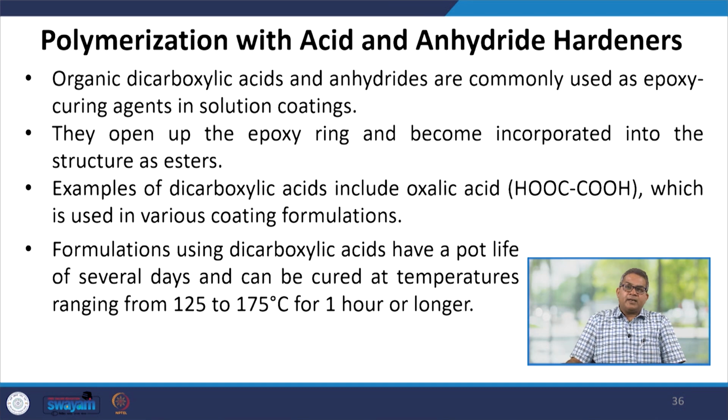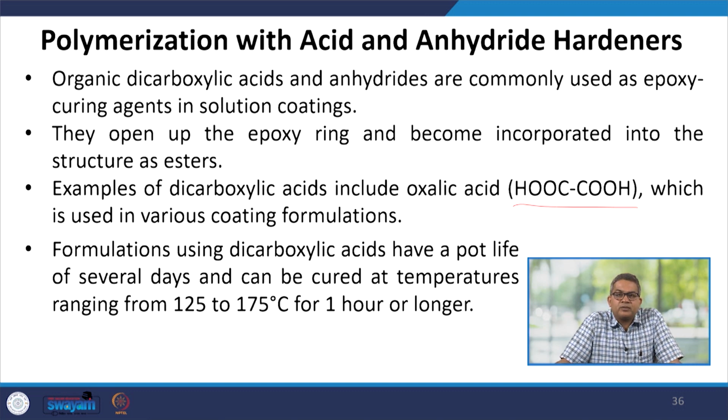Polymerization with acid and anhydride hardeners. Organic dicarboxylic acids and anhydrides are commonly used as epoxy curing agents in solution coating, and they open up the epoxy ring and become incorporated into the structure as ester. Examples of dicarboxylic acid include oxalic acid, HOOC-COOH, which is used in various coating formulations.